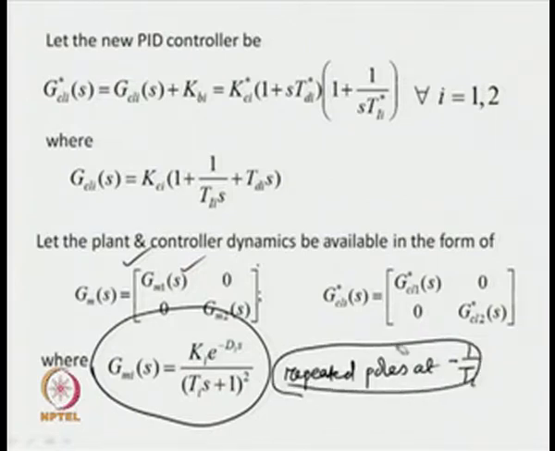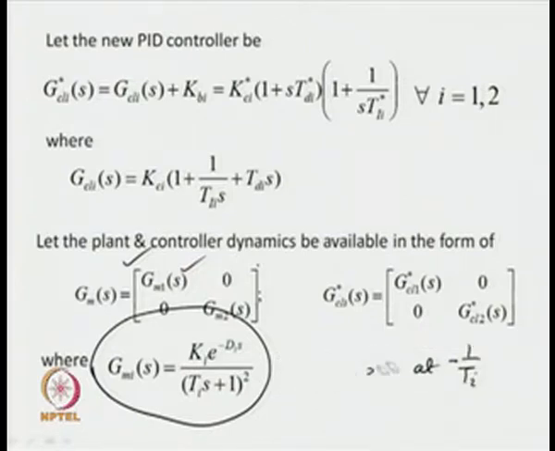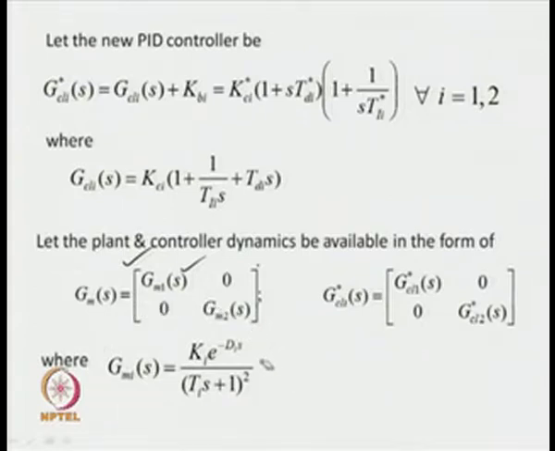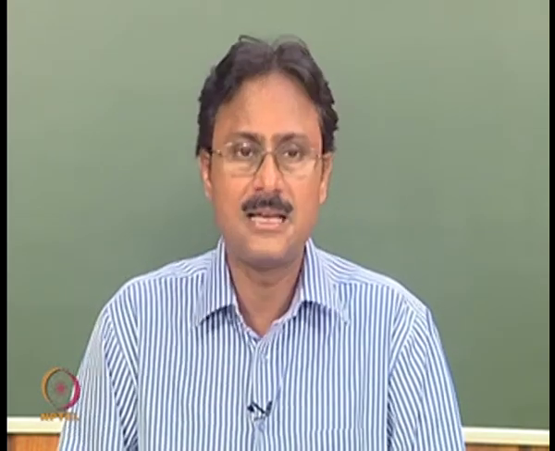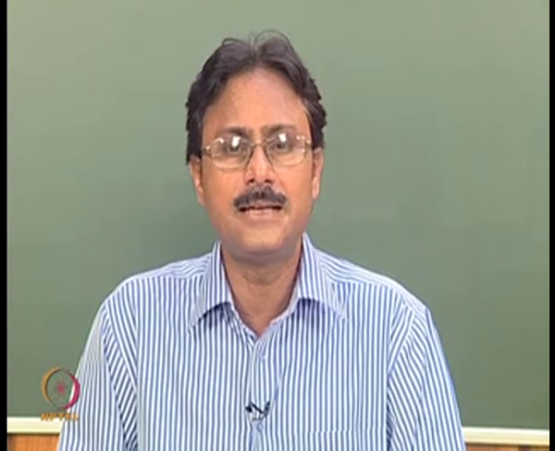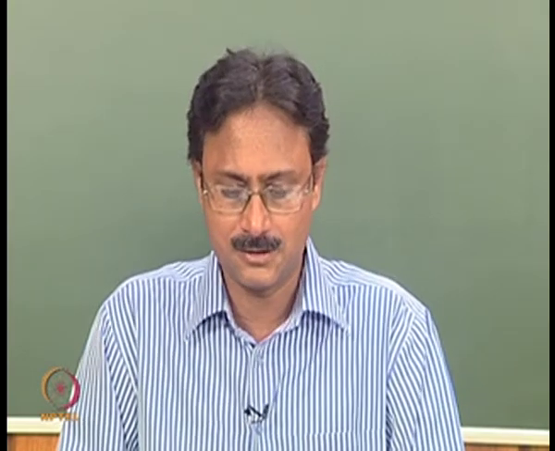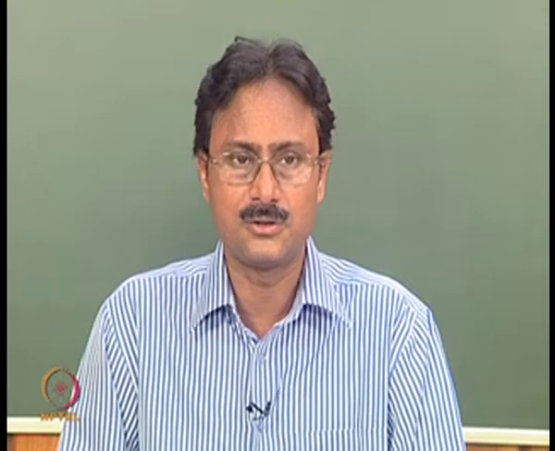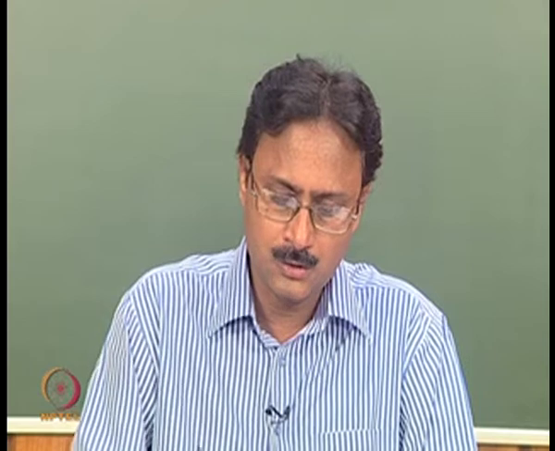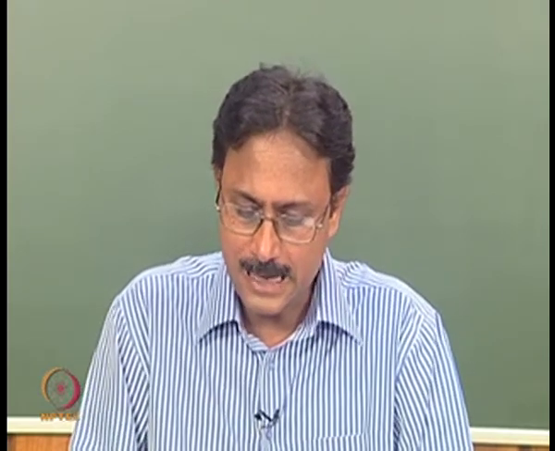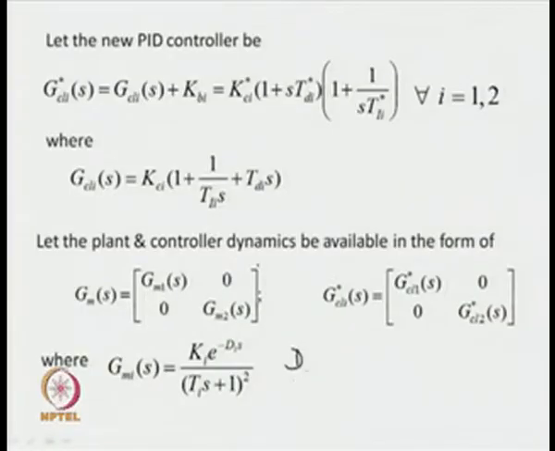The TITO process can be identified in this transfer matrix form. Only when the TITO process dynamics is available in this transfer matrix form, we shall be able to make use of the design process we are going to discuss later on for the design of controllers for the TITO process. As we know, this represents the time delays associated with the process dynamics.